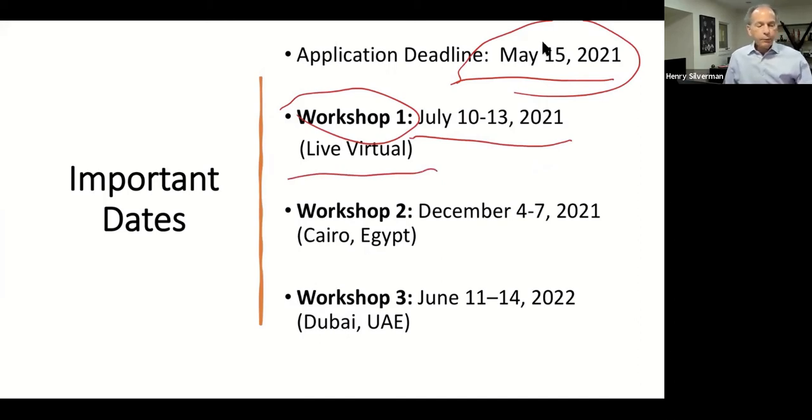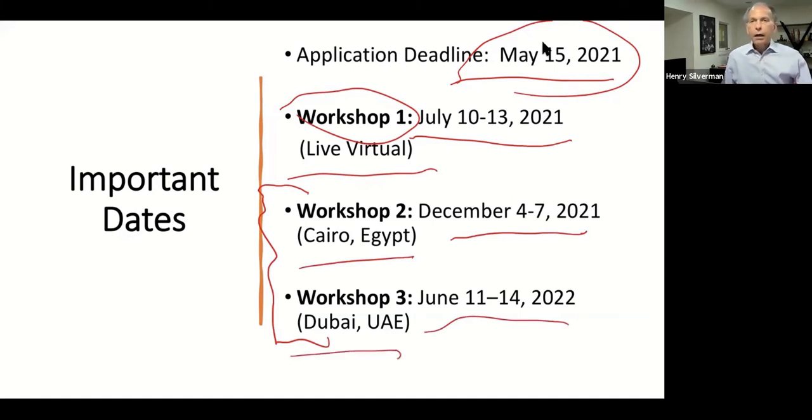And we hope to hold 2 additional workshops, the second one in December in Cairo, and the last one next year held in Dubai. That is our plan. If there are issues about transportation, we will deal with that on an individual basis.